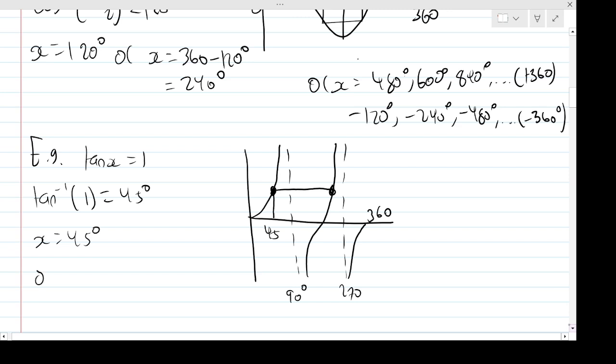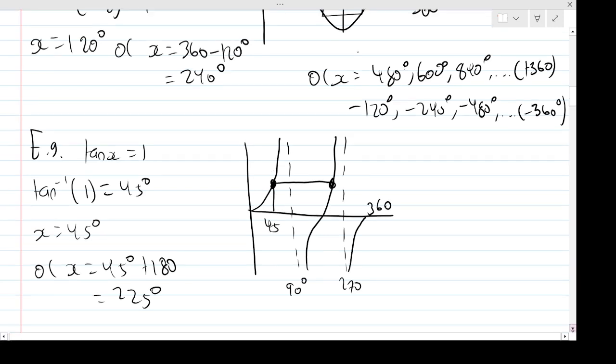So the other solution would be 45 add 180, which would be 225. The reason I said tan is easier is because there's no symmetry you need to pay attention to. The only solution you get is from the calculator. Then you just need to add or take away 180.